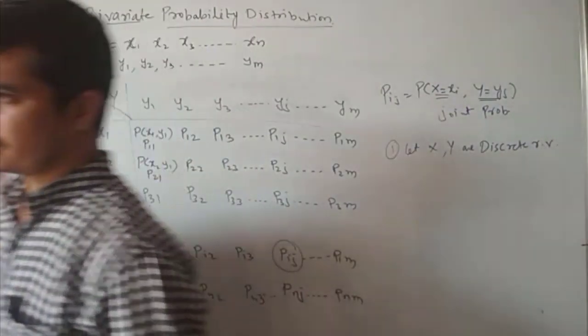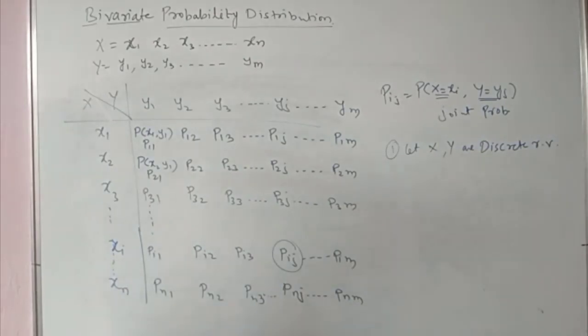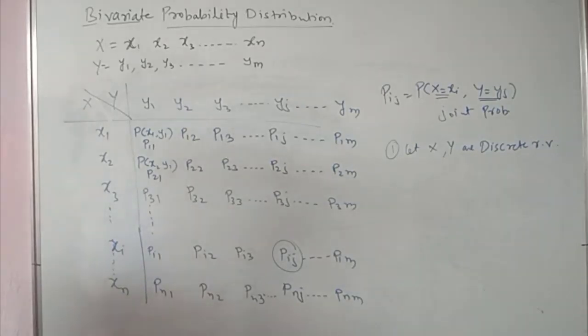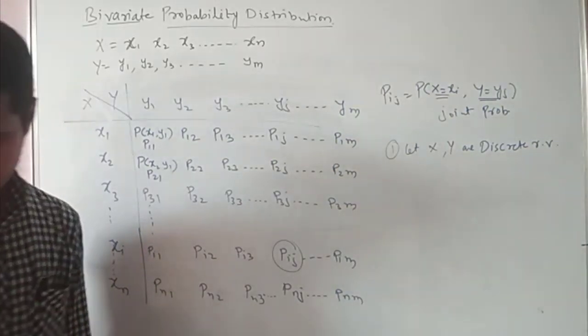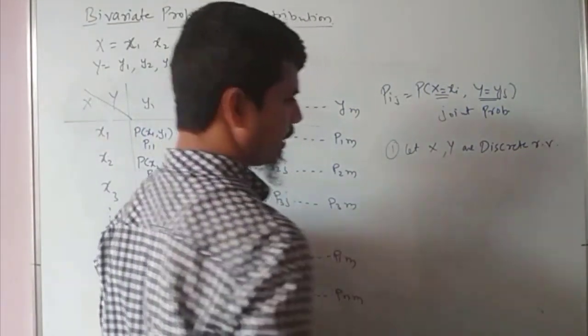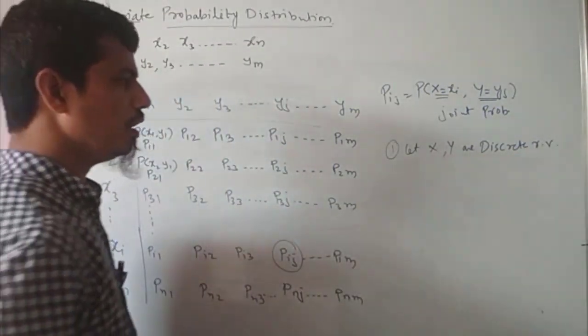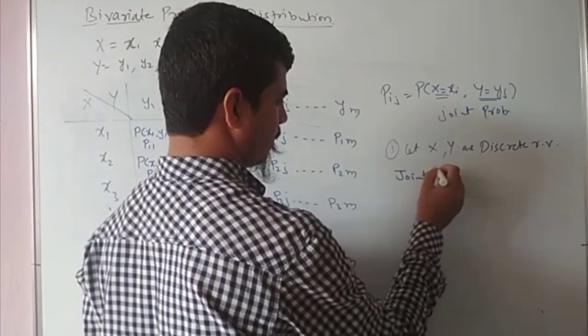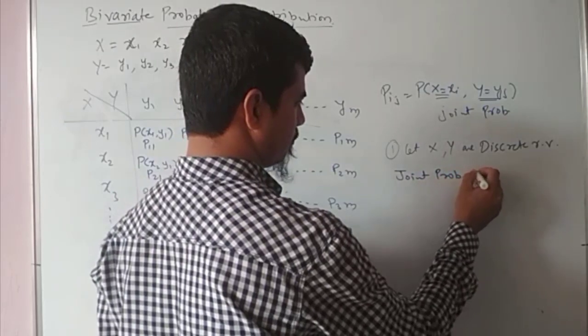Recall that in the discrete case we discussed previously, we learned the probability mass function and the probability distribution. Exactly the same thing we have to follow here. That is known as the joint probability mass function, if x and y are discrete random variables.